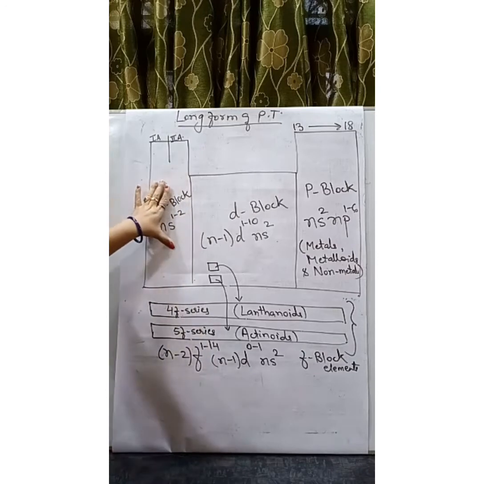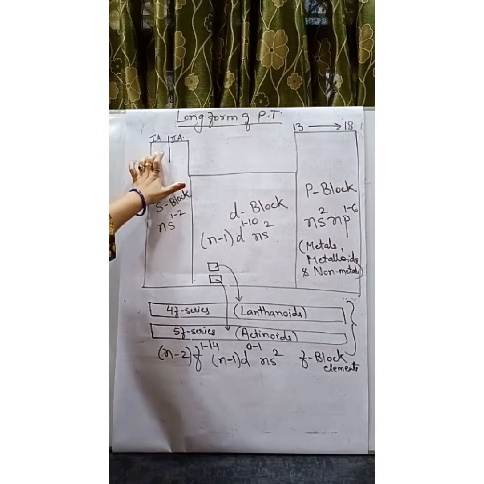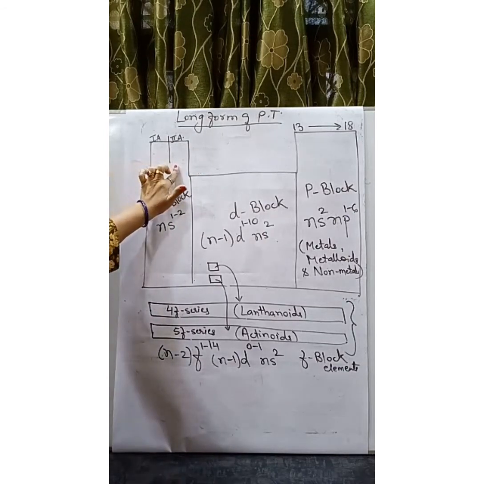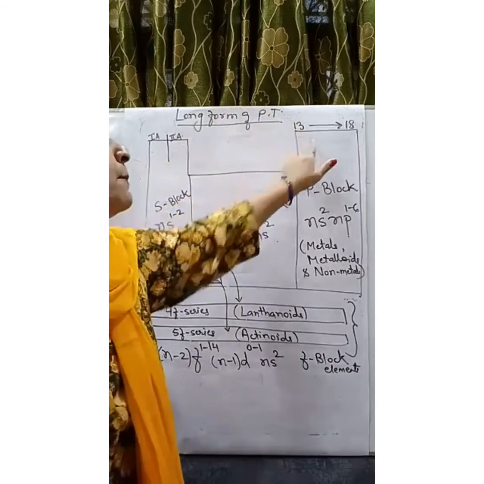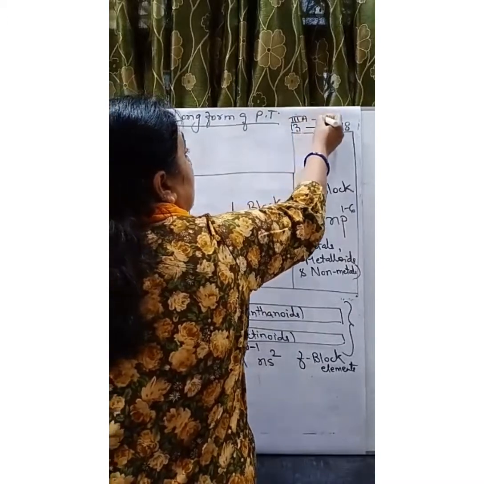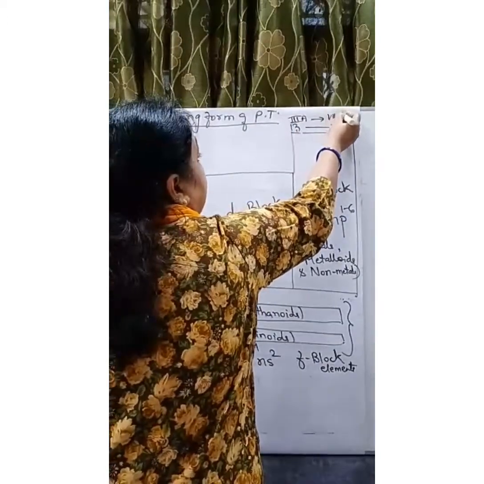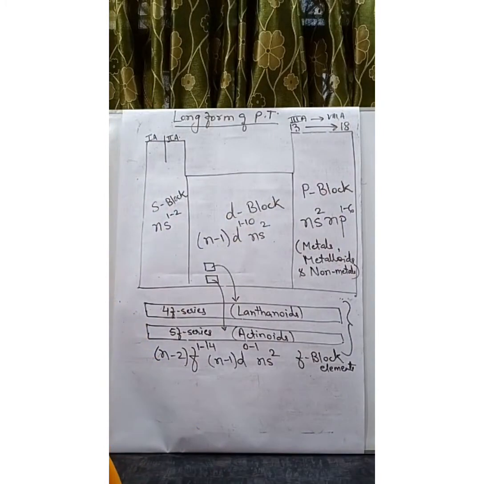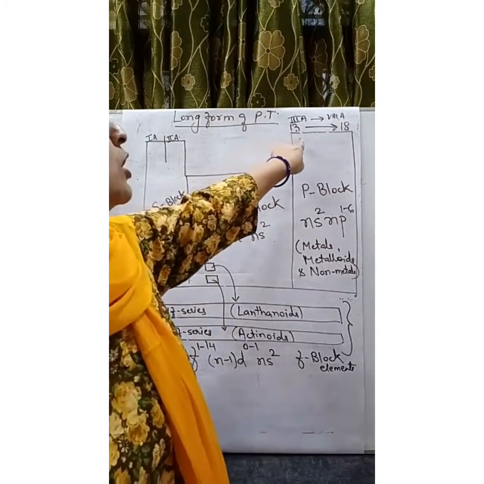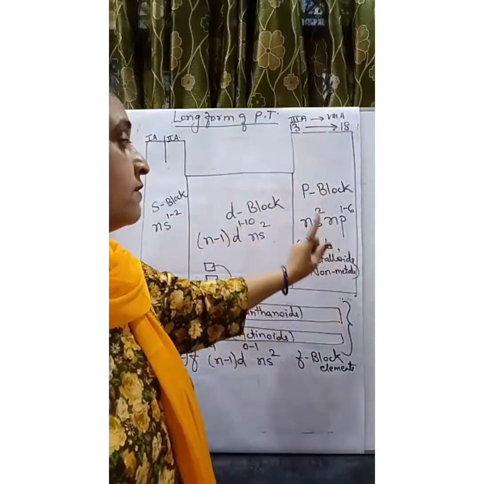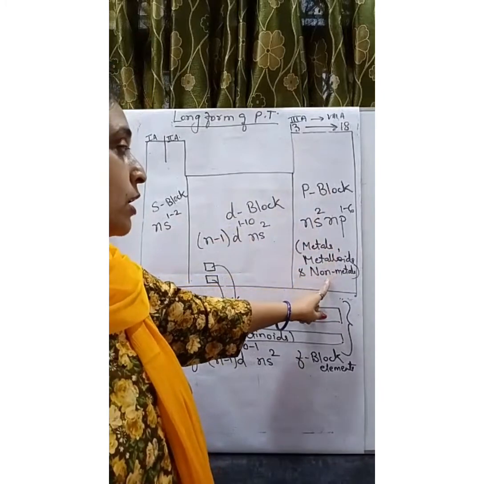So on the left hand side we have the s block elements, which include 1A and 2A, the alkali metals and alkaline earth metals. Groups 3A to 8A belong to the p block, or according to the modern periodic table we can say groups 13 to 18 are the members of the p block, which includes metals, metalloids and non-metals.